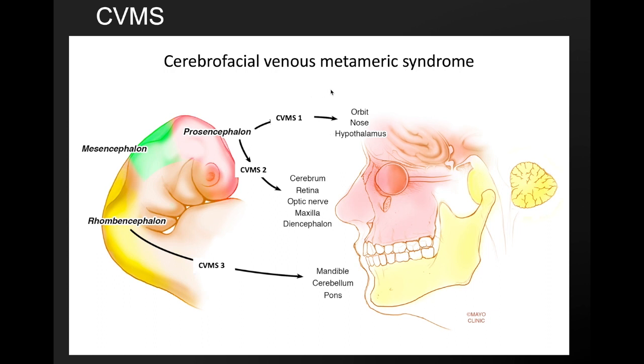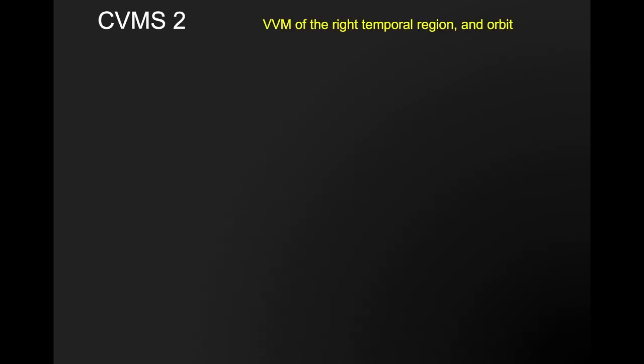And many of the regions of our brain are actually linked to regions of our face. So for example, the hypothalamus is in the same metamere as the nose and the orbit. The cerebrum, especially the occipital lobes, is in the same metamere as the retina, the optic nerve, the diencephalon, the maxilla, and the mandible is in the same metamere as the cerebellum and the pons.